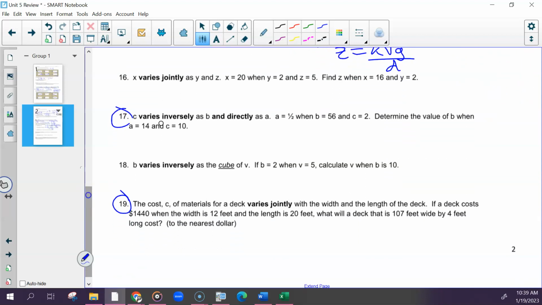So C varies inversely, so C equals K over B, and directly as A. So you either put it next to it, or you can put it in the numerator. Then you can start to put in all the numbers you're given. A is 1/2, B is 56, C is 2.